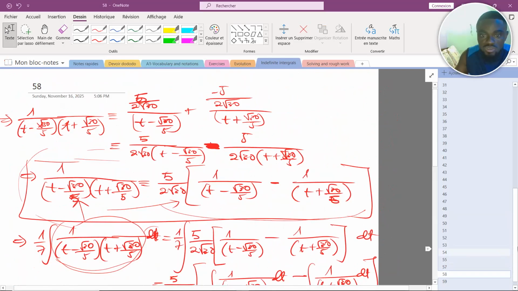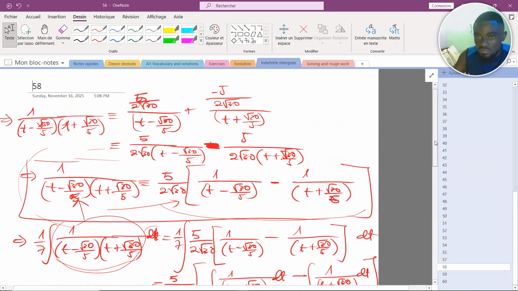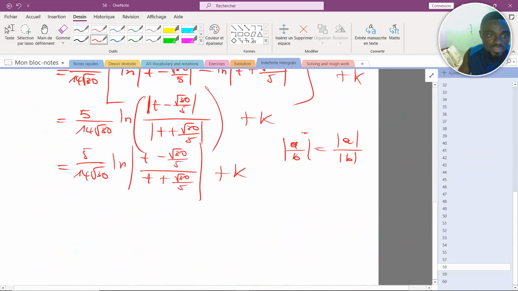So I'll go back to my integral. I'll write this, but recall that t was equal to tan 7x. So where I see t, I substitute tan 7x.